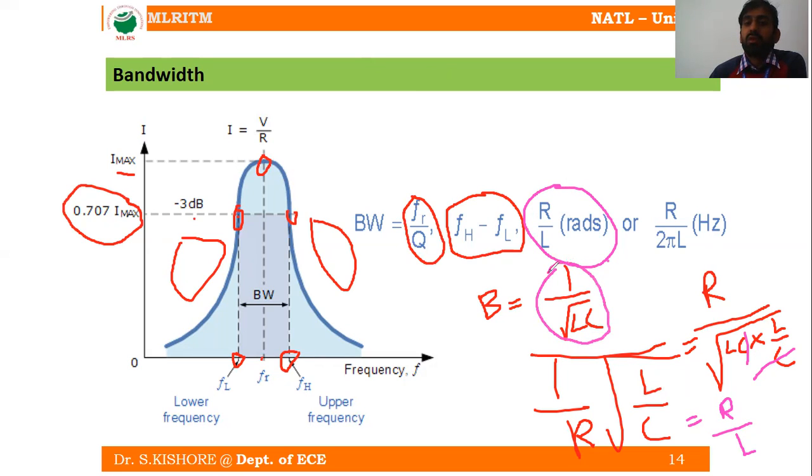If we take 1 by 2 pi root over LC, obviously this R by L is going to multiply with 1 by 2 pi. So if you want it in terms of hertz, it is going to be R by 2 pi L. This is going to be your expression in terms of hertz. So this is going to be the bandwidth of your series resonating RLC circuit.